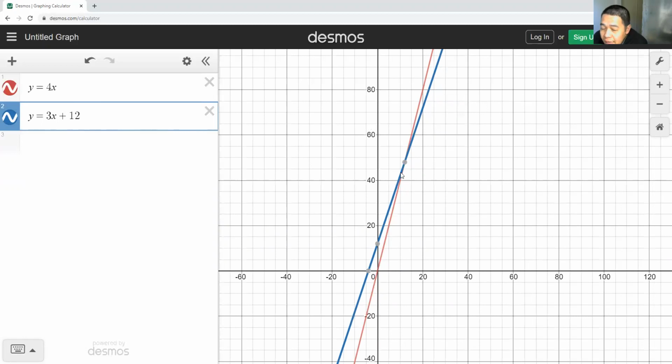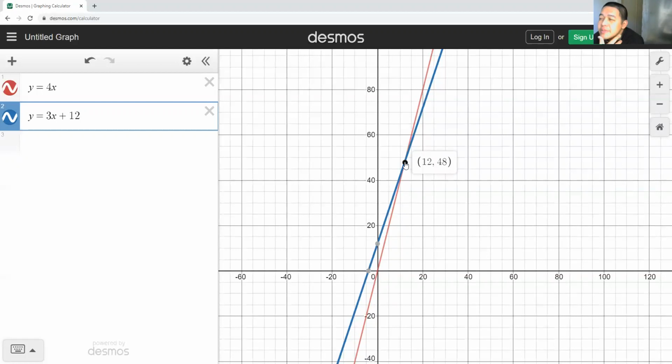Now, if you look here, we have two lines intersecting at one point, and this intersection point is actually the solution for the ages of Ruth and her mom, 12 and 48. So if you want to check whether the calculation is correct, you can use this website, Desmos, for example, graph the equations here, and then check the intersection point.